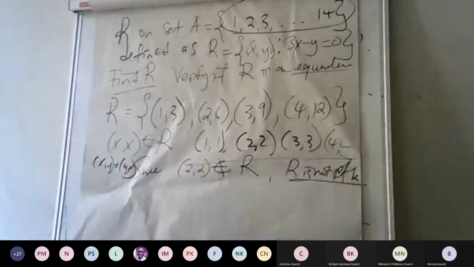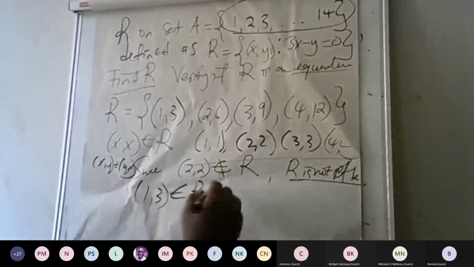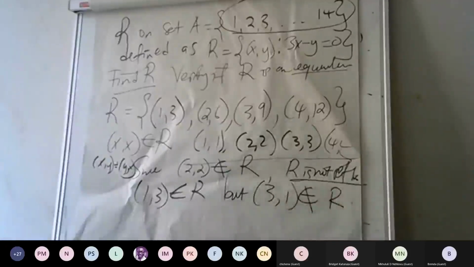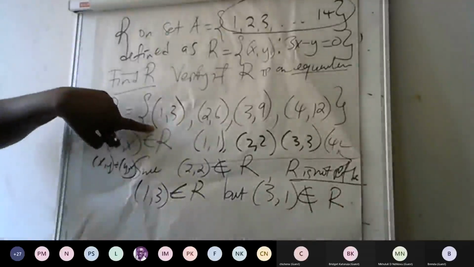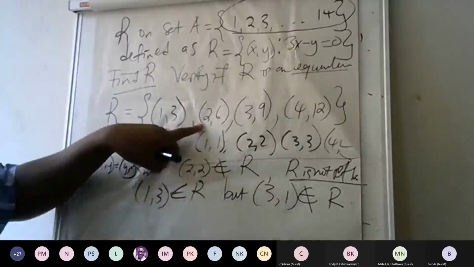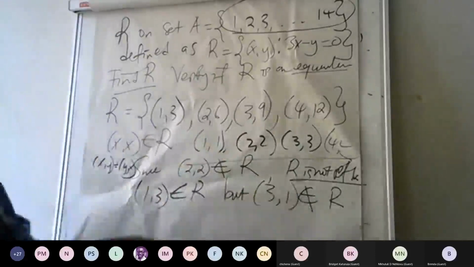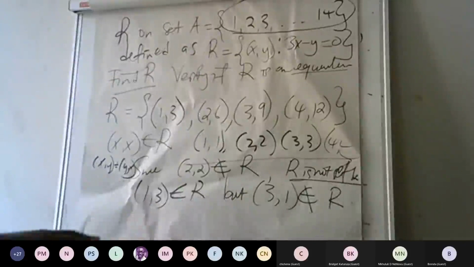So I'll pick one of those elements in the set R. For example, 1, 3 is an element of R, but 3, 1 is not an element of R. Even if I pick 2, 6, I don't have 6, 2. Even if I pick 3, 9, I don't have 9, 3 for this condition of symmetric to be satisfied. So I can actually say that R again is not symmetric.